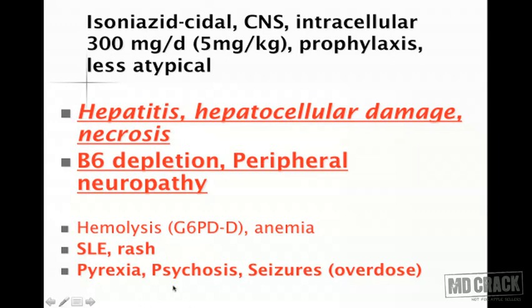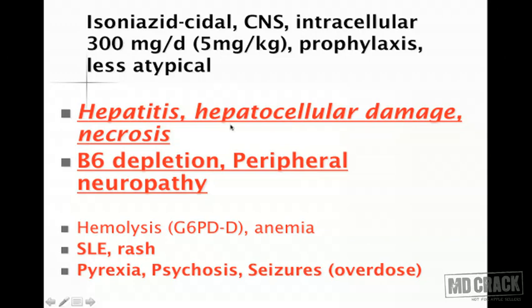INH is known to elevate the mood, so it can precipitate psychosis, or it can produce significant symptoms in patients suffering with psychosis. And next, INH is known to lower the seizure threshold, so in patients with epilepsy you have to be careful. The seizures can get precipitated in a patient with epilepsy.